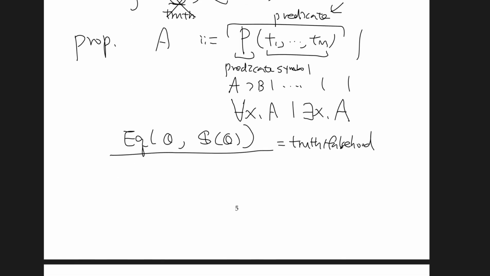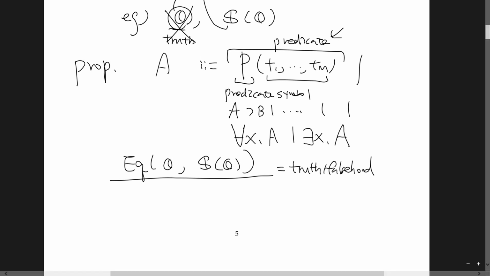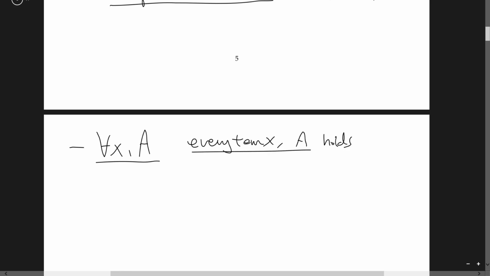Now, let's look at the inference rules. We only have to discuss the introduction and elimination rules for these two quantifiers. So let's first discuss for all, universal quantification. The idea behind this one is that it says for every term x, A holds. So you can think of it as an infinite conjunction.